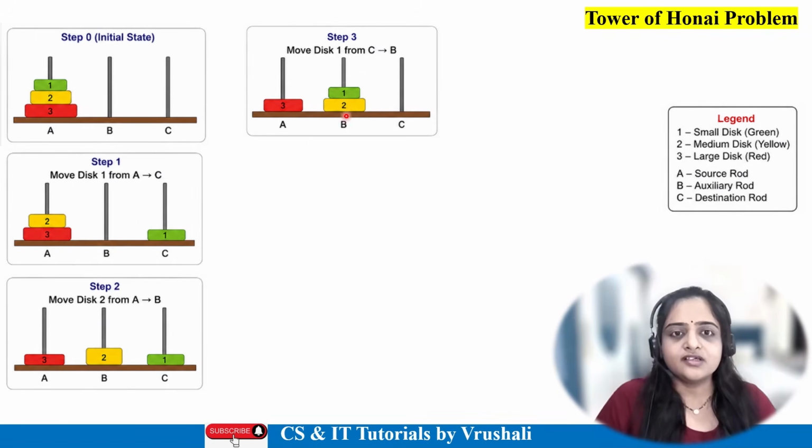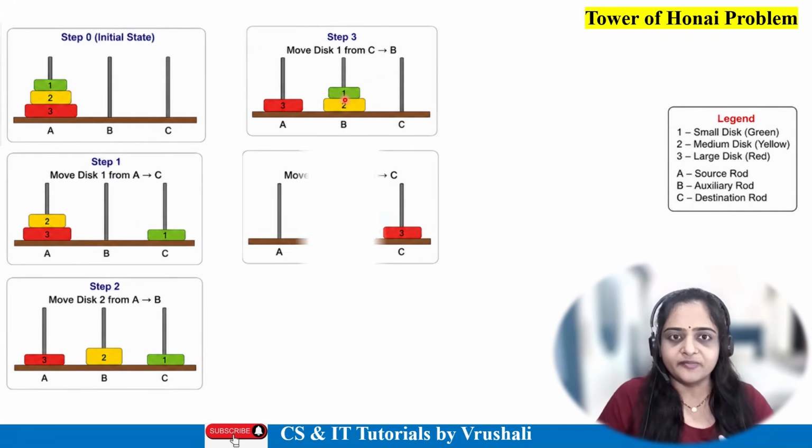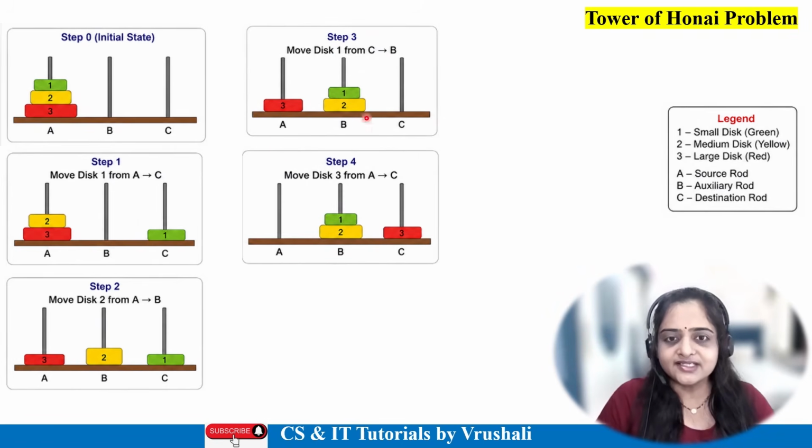For that, first you remove the smaller disk from C and place it into rod B. After that, pick up the larger disk and move it to rod C.